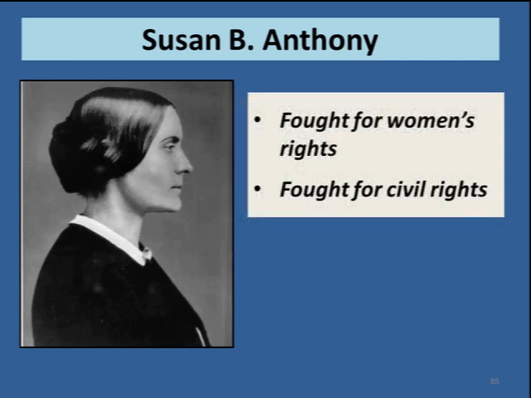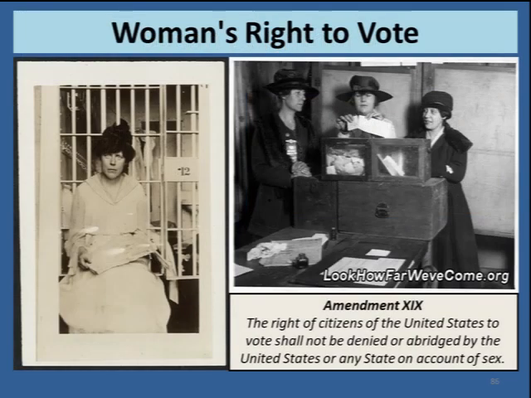She fought for women's rights and civil rights, and in 1872 was arrested for illegally voting along with 14 other women. However, only Anthony was arrested, and a judge ordered her to pay a $100 fine. She refused, but because the judge refused to have her arrested for not paying the fine, she could not bring her case to the Supreme Court.